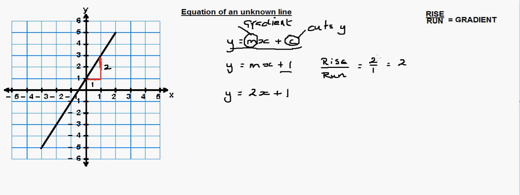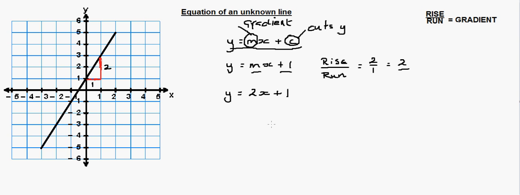So we get 2 over 1. Now anything over 1 is itself, so we get 2. So we know we've got a gradient of 2. So m must be 2. So the equation of that line is y equals 2x plus 1. Really, it's that simple.